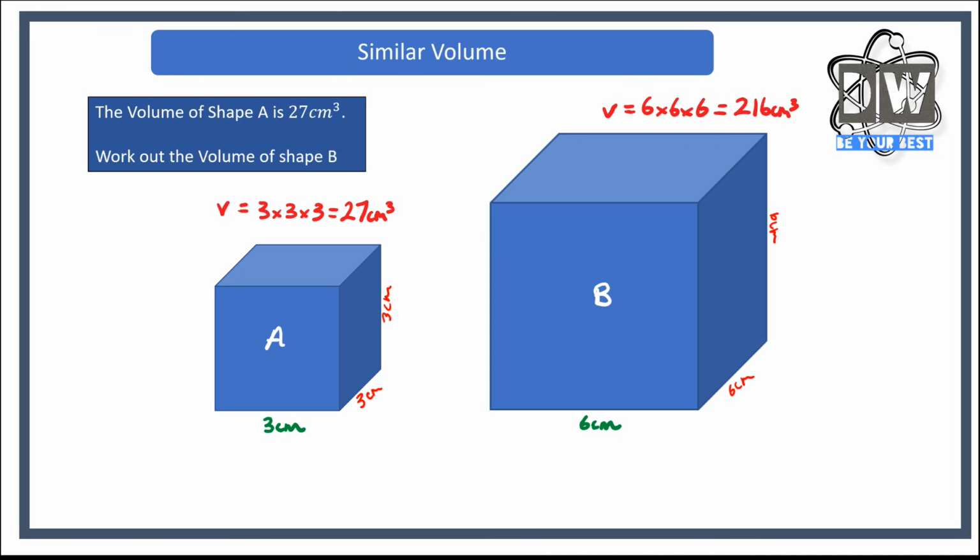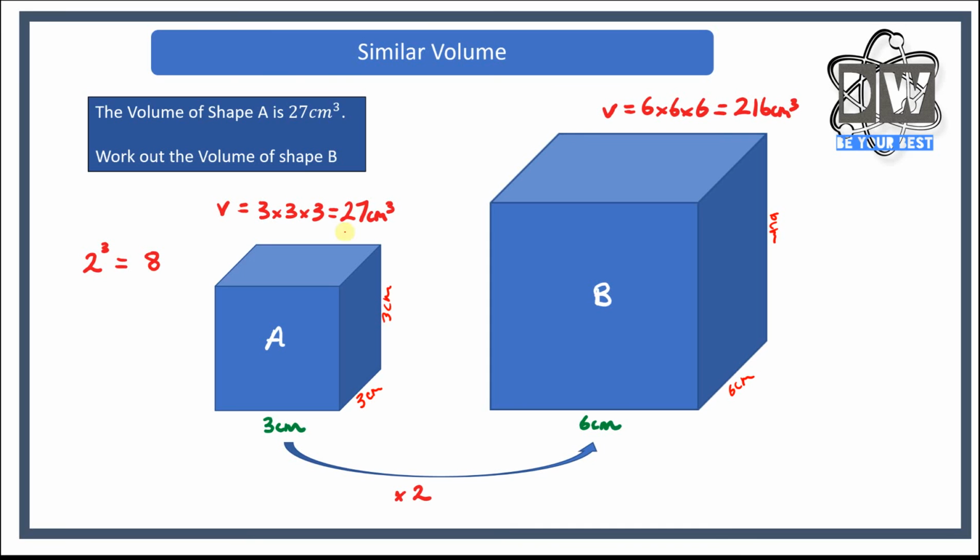First thing we're going to do is work out the scale factor of enlargement. It's gone from 3 centimeters to 6 centimeters, so it's been times by 2, hasn't it? Now what we do, and this is the absolute key point, is we take the 2 and we cube it. 2 times 2 times 2 is 8.